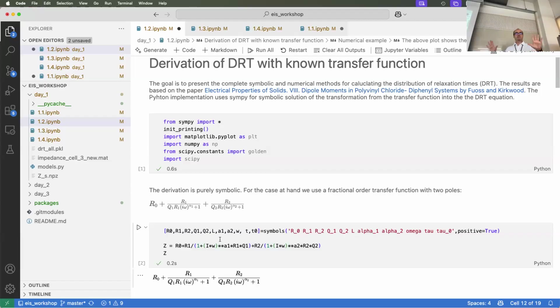One of those results is false. I'm not saying which one, but one is false, because the equivalent circuit model is the model of the impedance, and the DRT are one-to-one. There is no extra information. DRT is just a transformed impedance. Nothing new comes out of it.